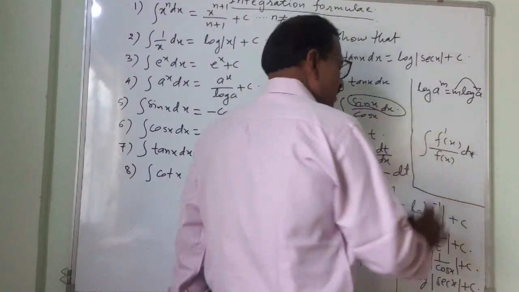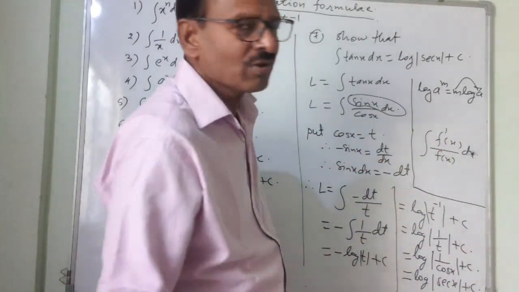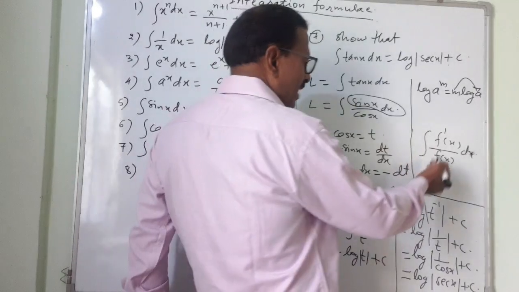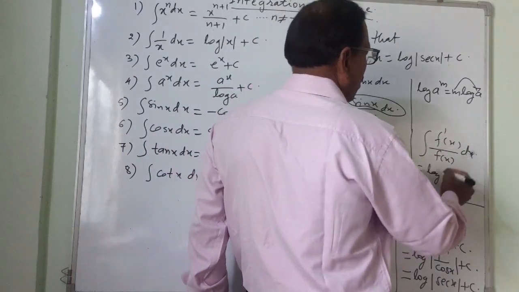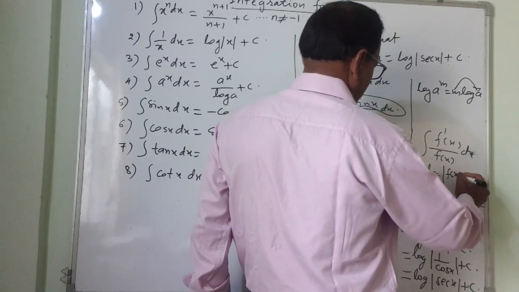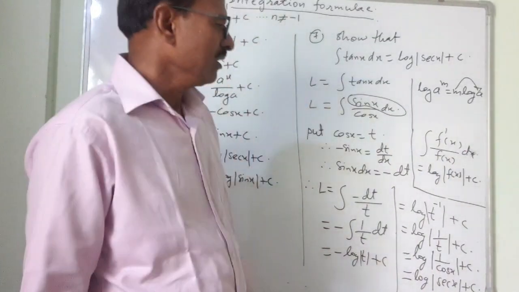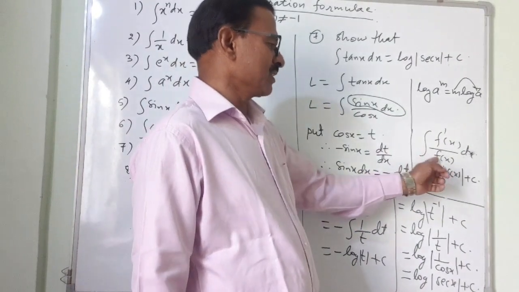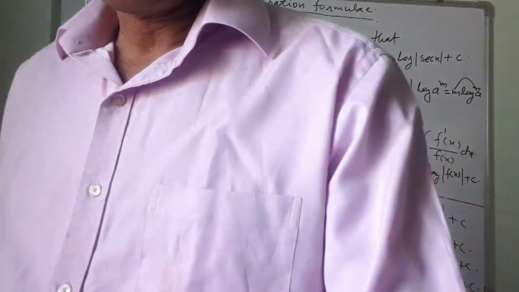In the subsequent lectures, we are going to see this formula also. We are going to solve many sums on this formula: integration of f dash of x upon f of x is equal to log of f of x plus c. That is again a formula.